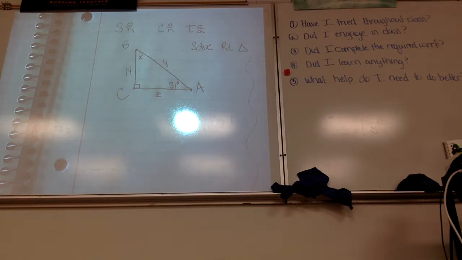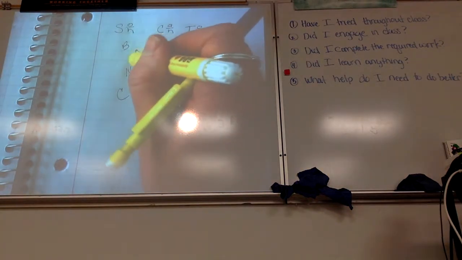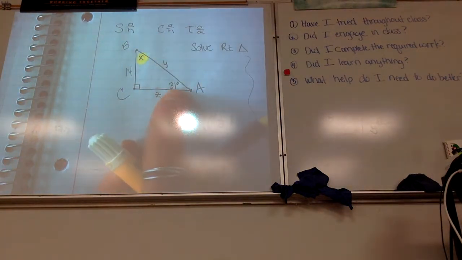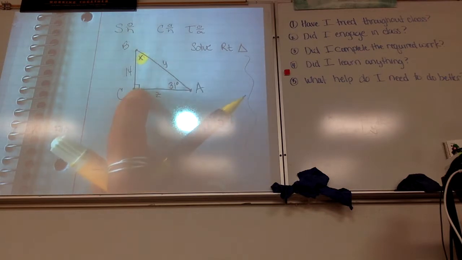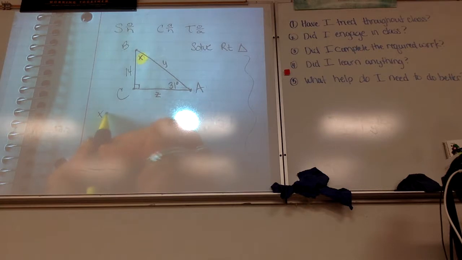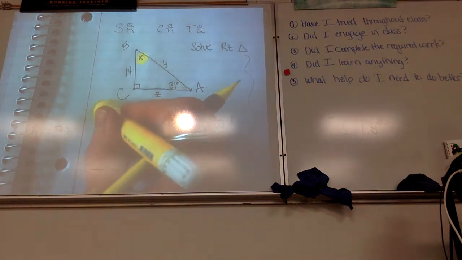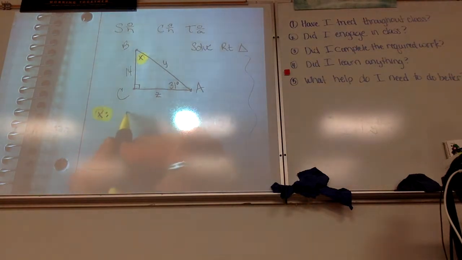Let's find X first because it is by far the easiest thing to find. How do I find the value of X if this measure is 31 degrees and this one's 90? What do I do? Just subtract 31 from 90. Good. 90 minus 31.